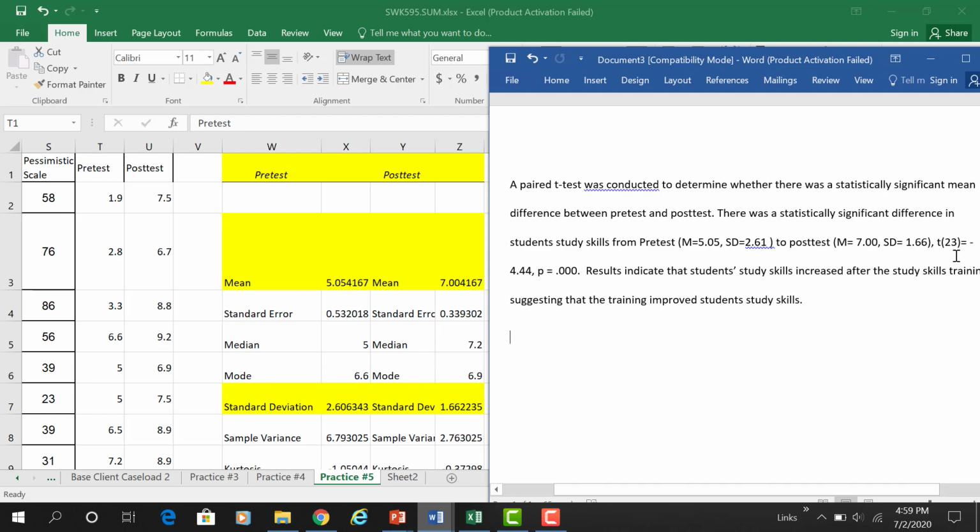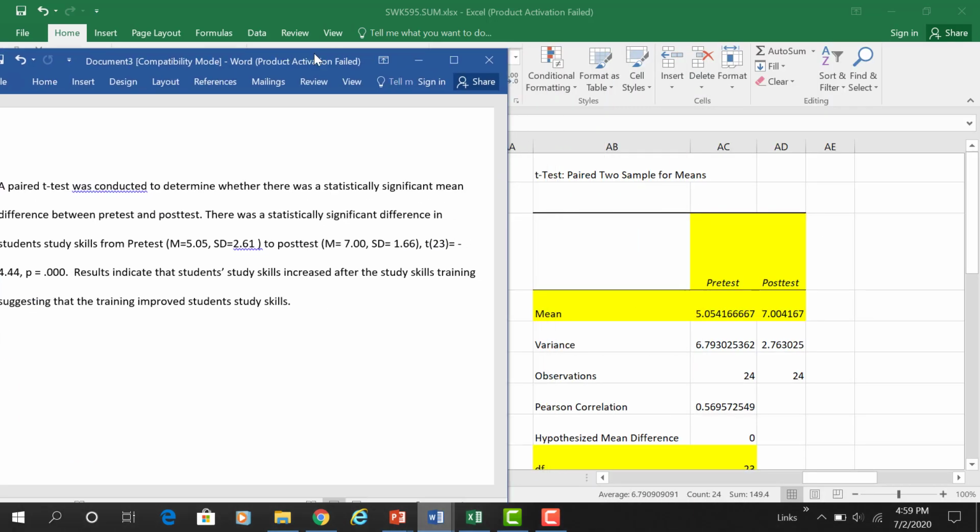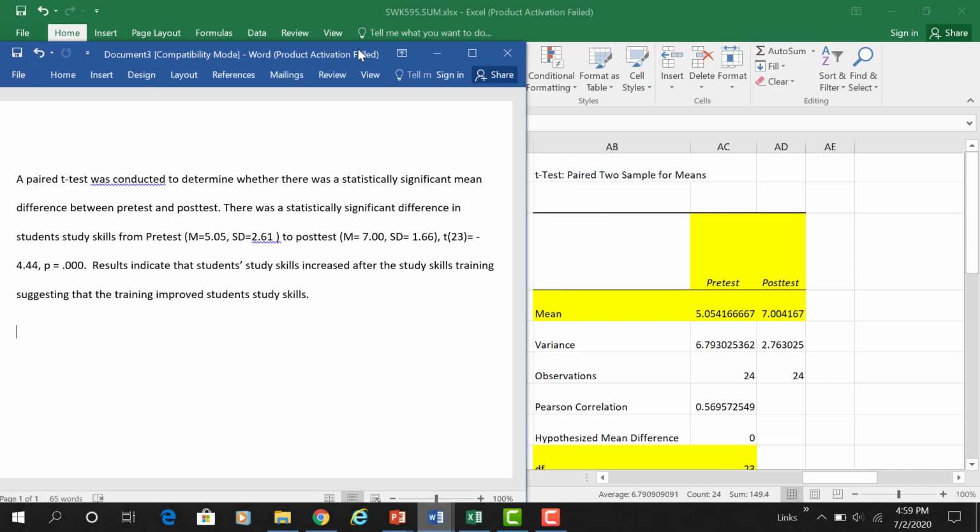Then report your t. If you remember from last week, this is how it's written. We have a t, then parentheses, where your degrees of freedom go. Your degrees of freedom for this one is 23.